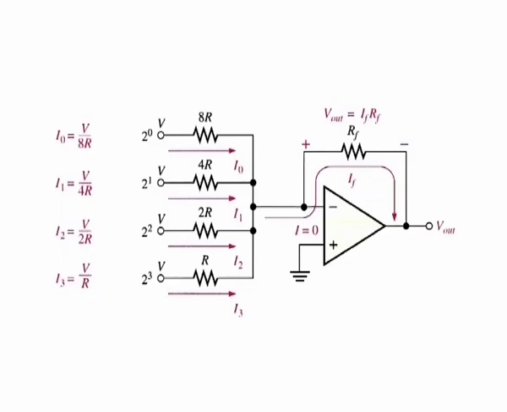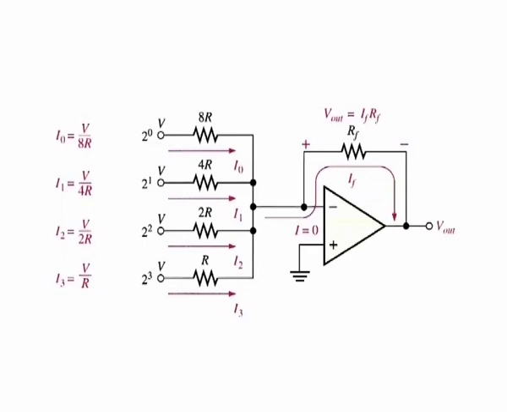Each of the input resistors will either have current or have no current depending on the input voltage level. If the input voltage level is 0, that is binary 0, the current is also 0. If the input voltage is high, that is binary 1, the amount of current depends on the input resistor value and is different for each input resistor.